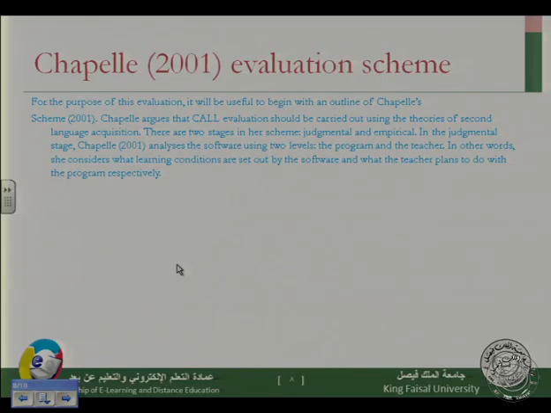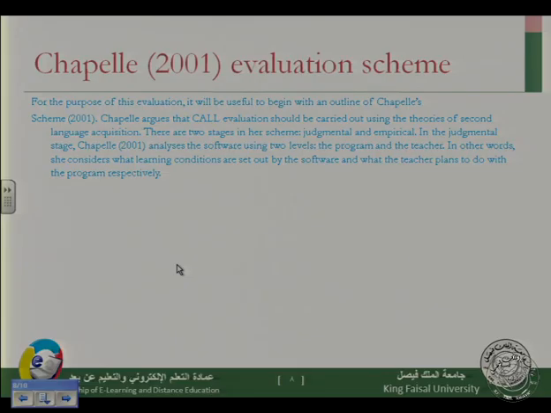The second stage is empirical. To confirm your judgment, you need to implement the software, and then see whether your judgment is correct or not. Because sometimes you judge something, but when you use it, you see different outcomes. So these two stages are very, very important.